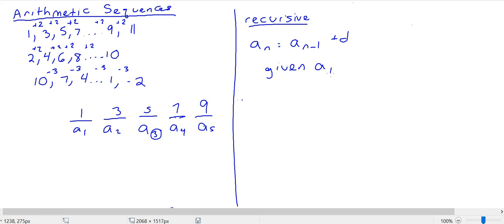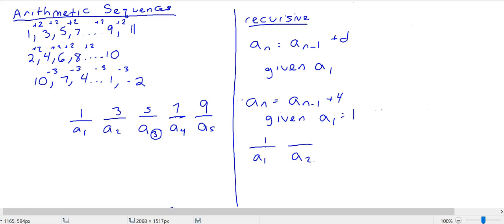So let's say we have a recursive sequence. A sub n is equal to a sub n minus 1 plus 4, and we're given that a sub 1 is equal to 1. What does this mean? Let's say we wanted to write out the first 5 terms in this sequence. A sub 1, the first term, is 1. To get a sub 2, we're going to solve this equation for a sub 2.